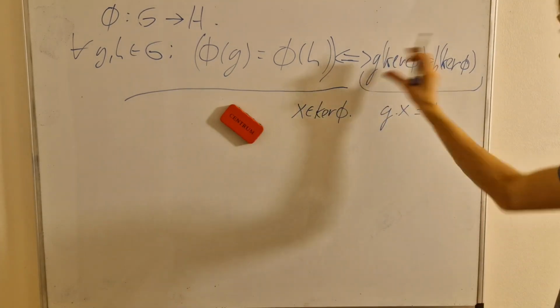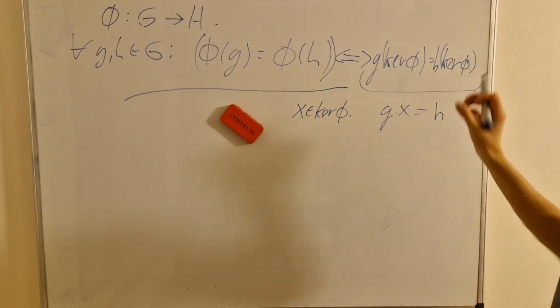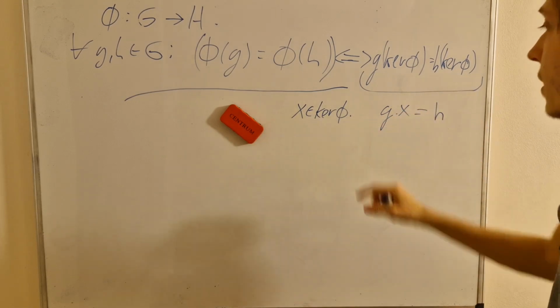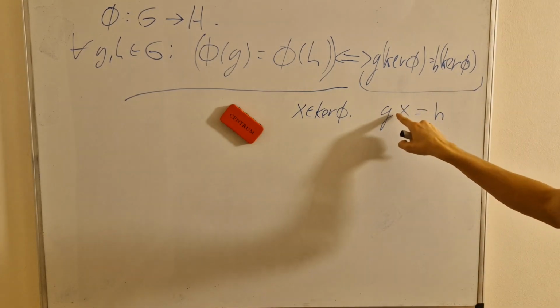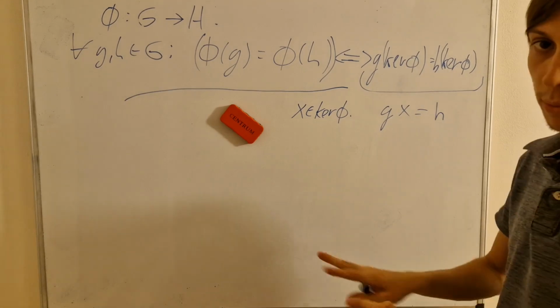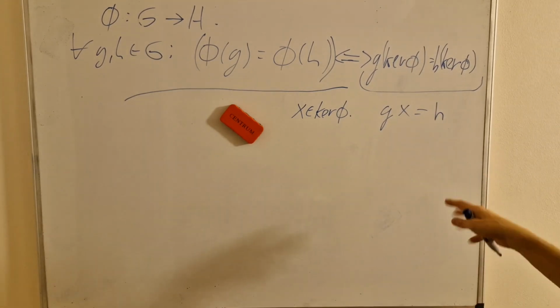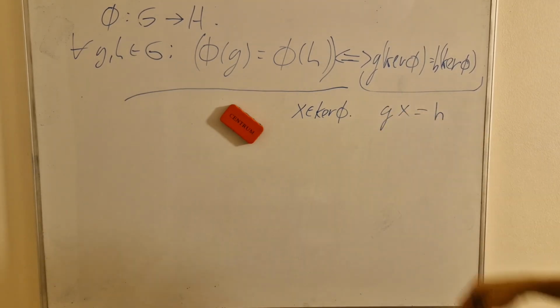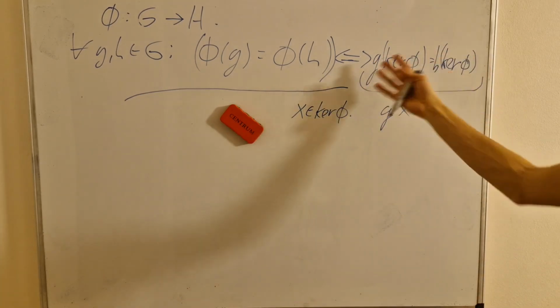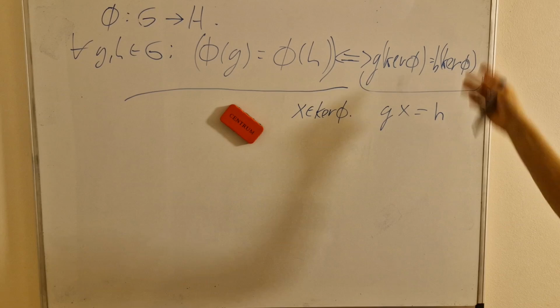So some x, we could choose x from kernel phi, in the left coset. So g times x, and whether we use a dot or nothing, it's the same, the group's operation, whatever it might be. So gx equals h for some x from the kernel phi, because we have these same left cosets on both sides of this equation.